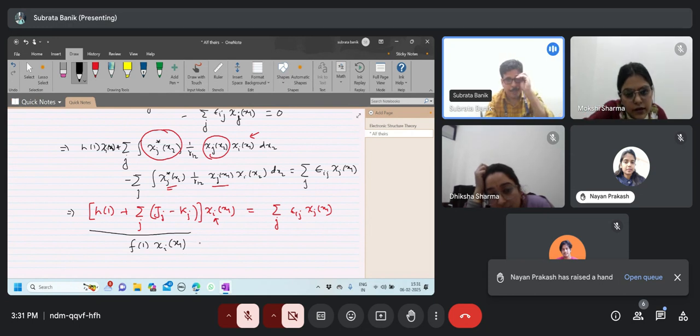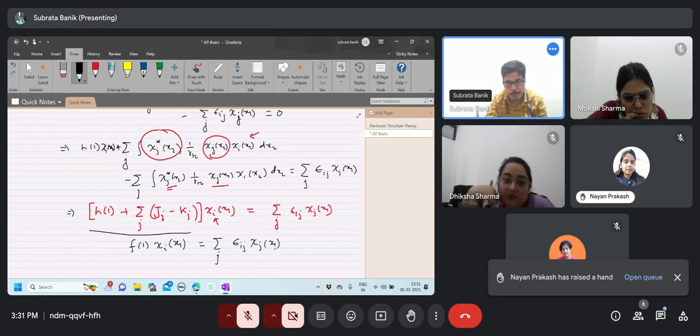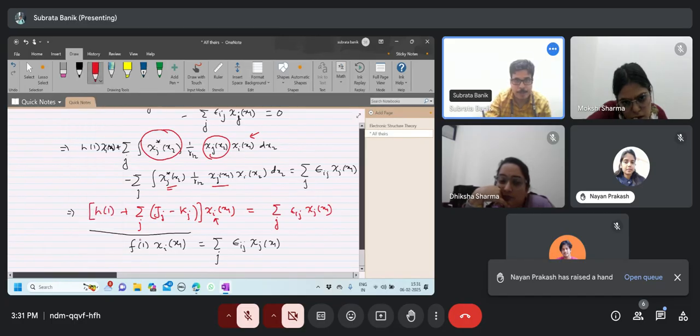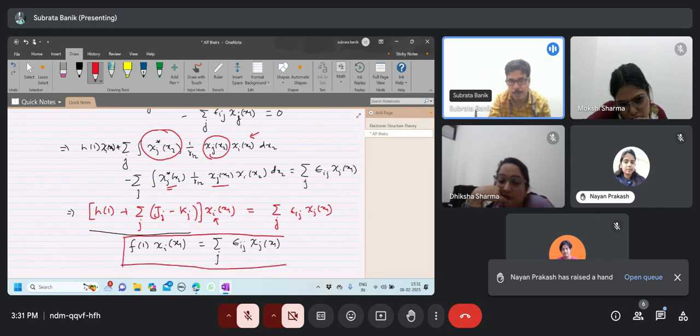On the right side we get the sum over j of epsilon ij chi j of x1. This is the famous Hartree-Fock equation. That's all we got. Not very good looking.